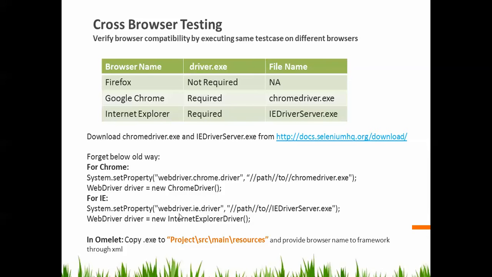We just need to copy those two exes into the main resource folder of the project source code, and we are going to provide which browser we want to work with in the form of an XML file. We just provide the name of a browser in the XML file so that our test will execute on those browsers. I will show you a demonstration of how it works.